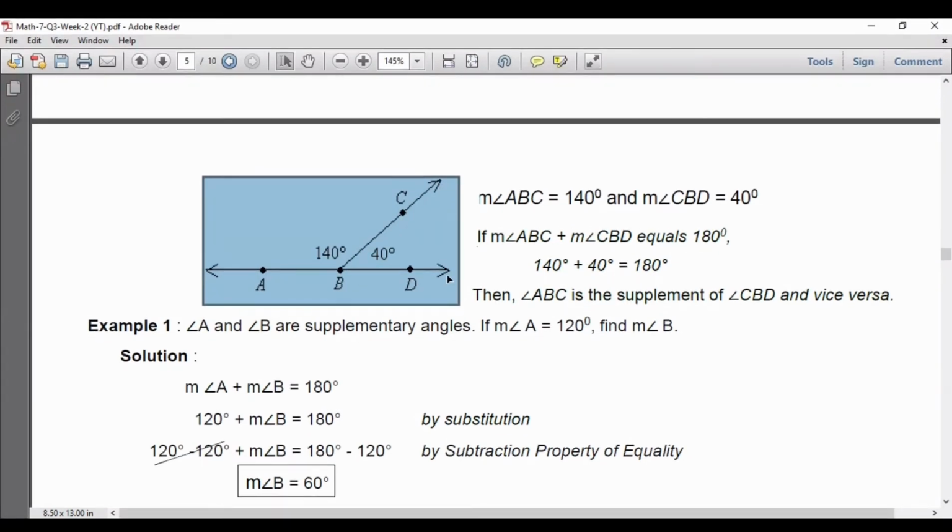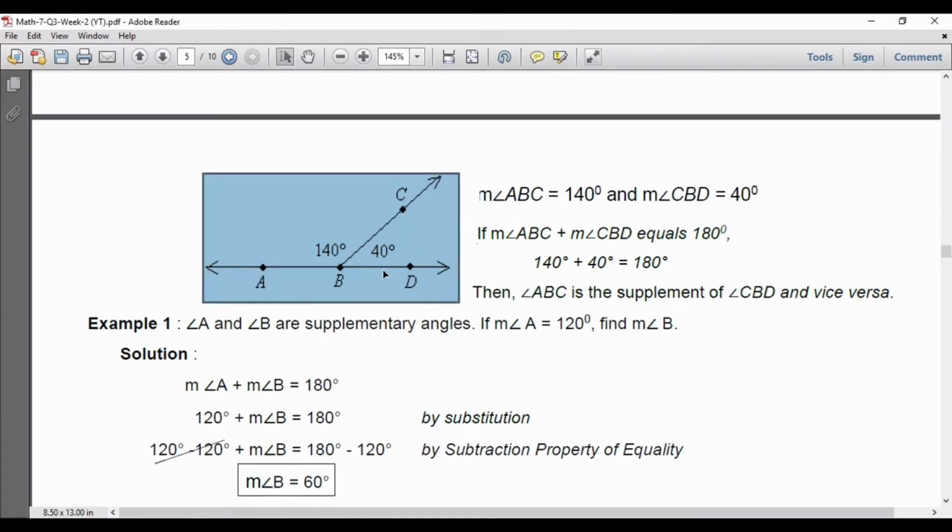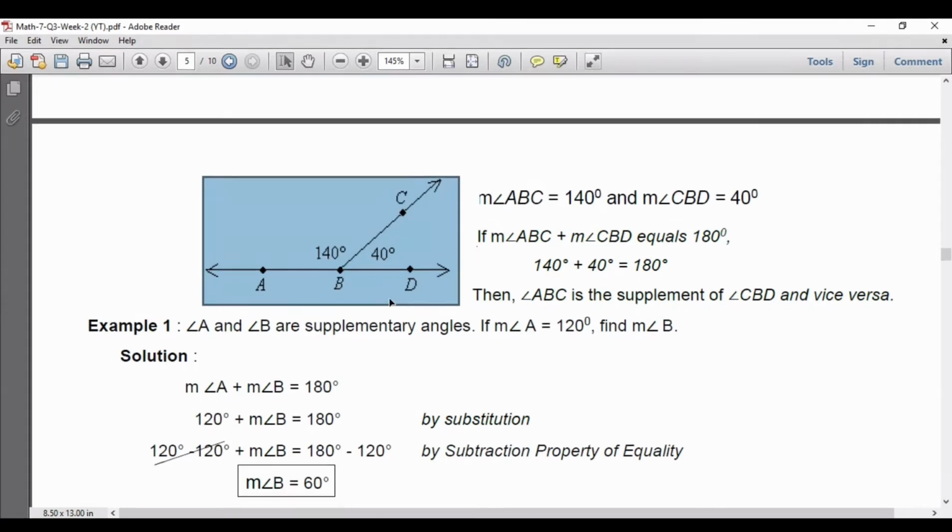So in other words, they have a common vertex and common sides. Therefore, they are said to be adjacent angles, and at the same time, they are supplementary angles.